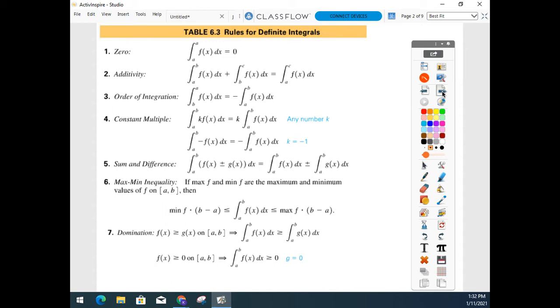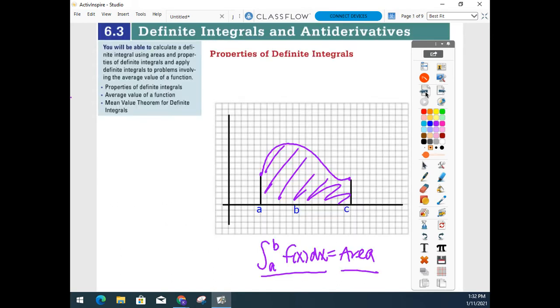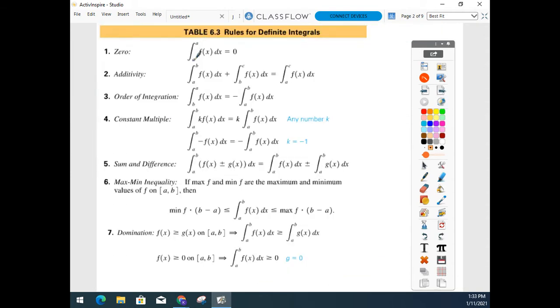Does it make sense that if I go from A to A, so basically if I start at A and I don't go anywhere, that would be a zero area because my width is zero. So technically, my A minus A is zero, so the integral value would be zero. You want to recognize this. When these are the same value, the answer is just zero.